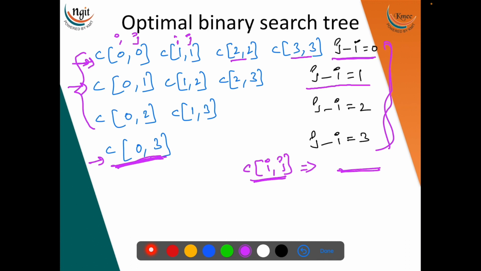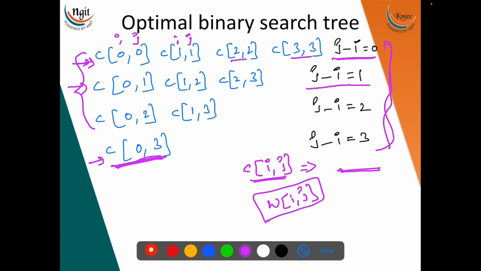Now, this is about cost: the cost of 4 keys depending upon k possibilities. Our k value lies from 1 to 3. Now, we should know the weight, because cost is included with w i comma j.